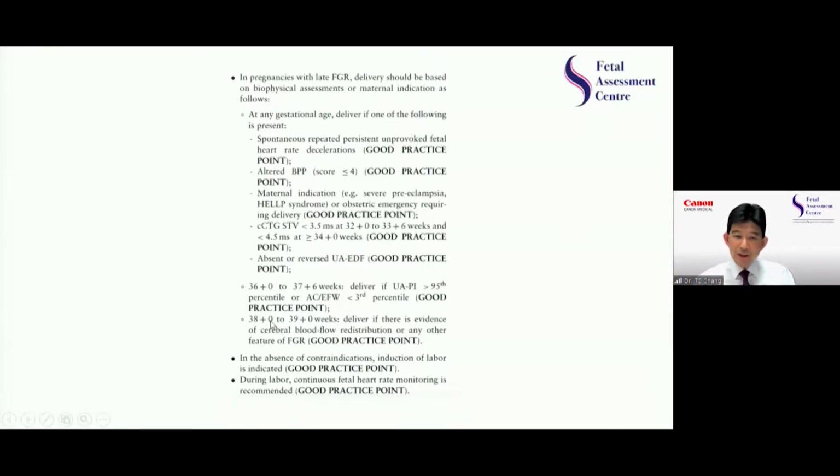If you have evidence of cerebral blood flow redistribution and you're between 38 to 39 weeks, you may consider delivery. I think these are helpful guidelines to help us to manage fetuses in late FGR. Majority will fall into this group. Of course, I will talk a little bit more about some of the other contentious issues with late growth restriction monitoring, but that's coming up.